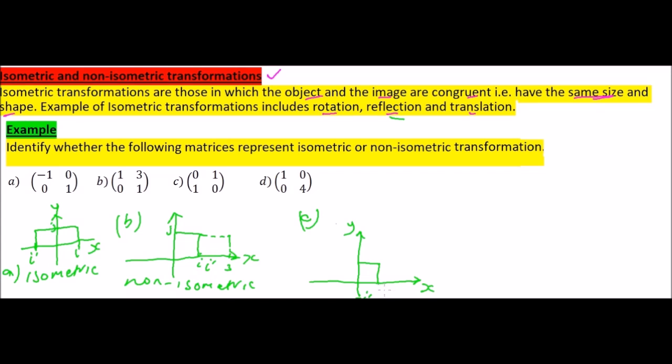So this is where we have our j prime. So our unit square will be there. So this is a reflection. It is a reflection, so it is isometric.